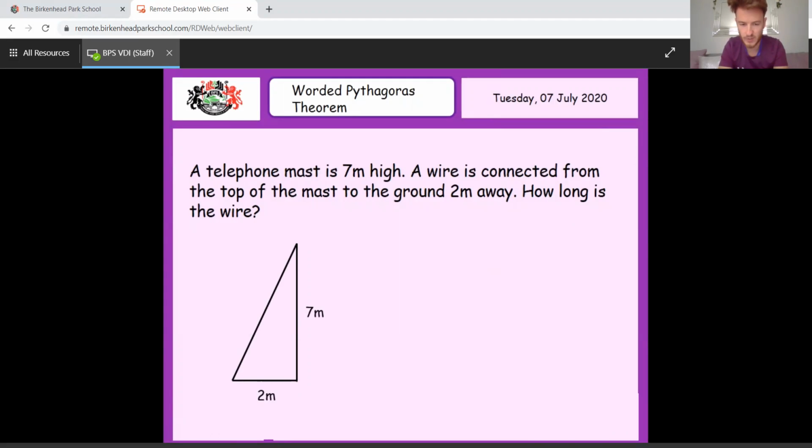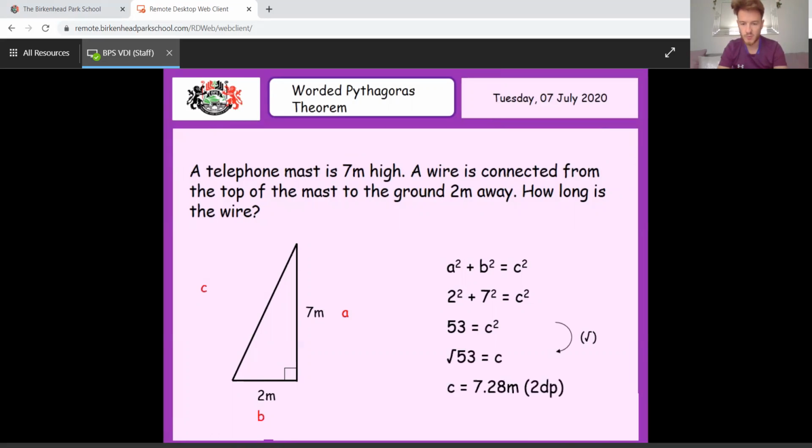We're now working out the hypotenuse again, so we label the sides a, b and c. 2 squared plus 7 squared equals c squared. 2 squared is 4, 7 squared is 49, add them together for 53, and square root it for your final answer. To 2 decimal places this time is 7.28 meters. Obviously to 1 decimal place that will give you 7.3.